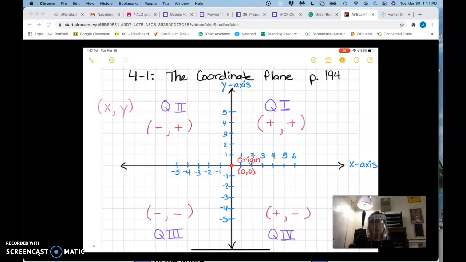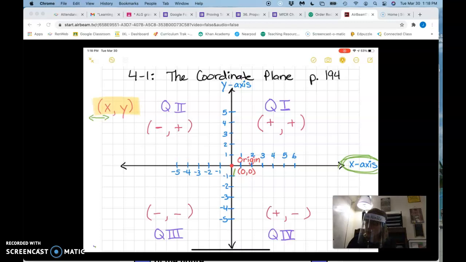Awesome. So going back to when we get a coordinate or an ordered pair, we are going to move left and right for the x value because the x-axis is horizontal. It goes left and right.